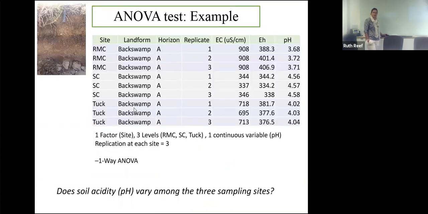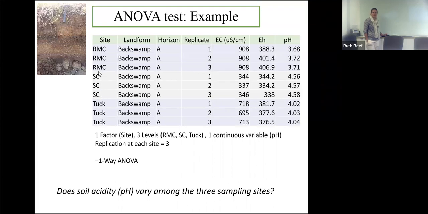And I can take these soil cores from different parts of, in this case, she went to different sites, RMC, SC, TAC. This is a proper spreadsheet. I actually don't know where these places are.